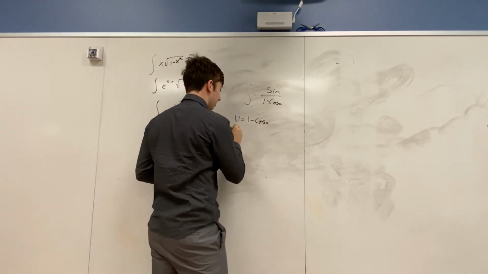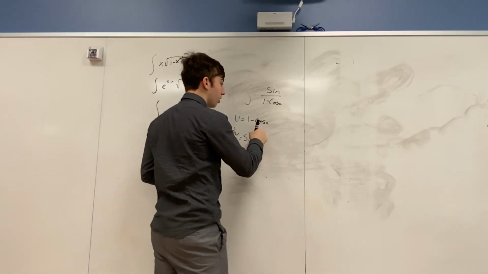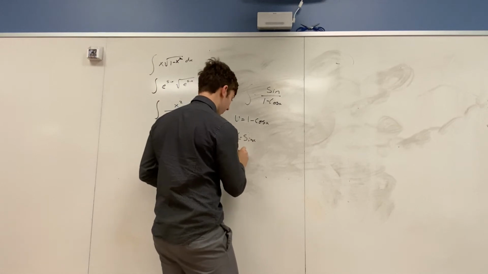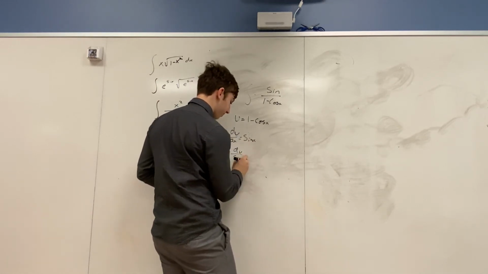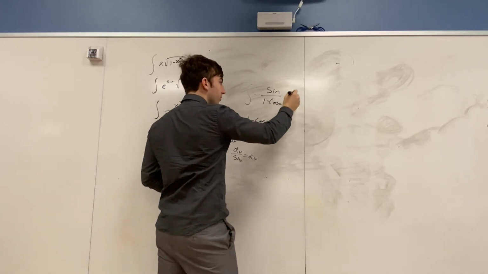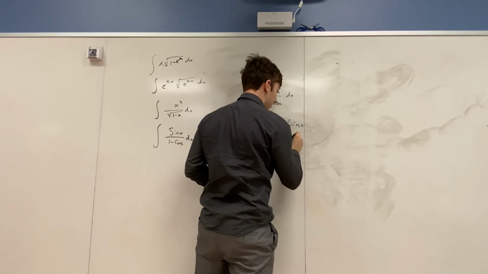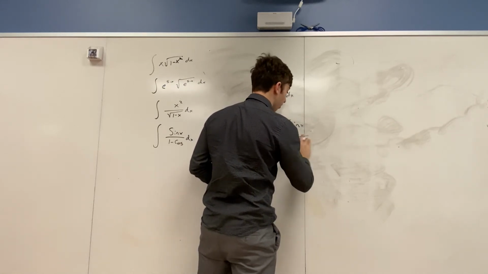And when we differentiate that, du over dx will just give us sine x. So now we just have du over sine x equals dx. We substitute this in, so we have sine x over sine x, and 1 minus cos x is just going to be u.